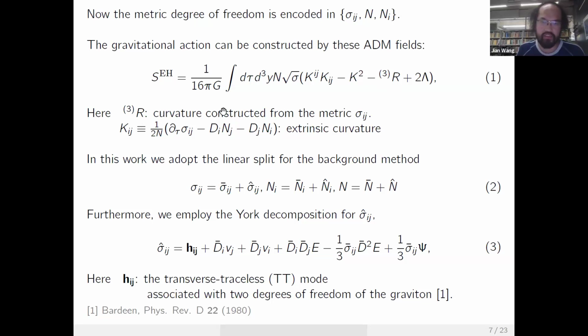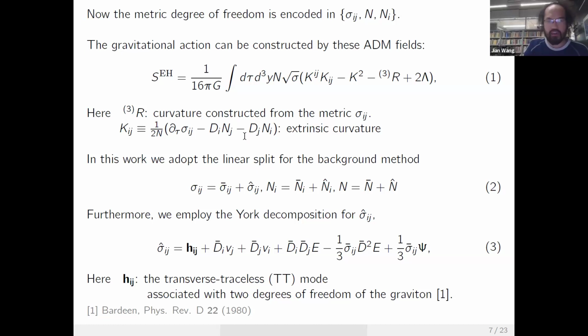Here, R^(3) is the intrinsic curvature on the spatial slice, and this curvature is constructed from the spatial metric σ_ij. The extrinsic curvature can be given by the ADM fields: the lapse function, the shift vector, and the spatial metric. So in this form, we fully write the Einstein-Hilbert action in terms of the ADM fields.